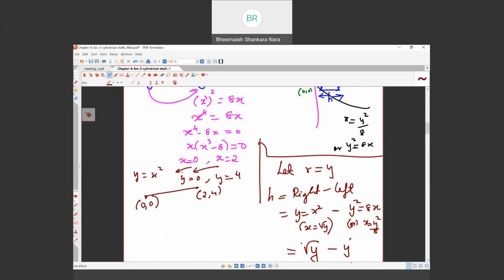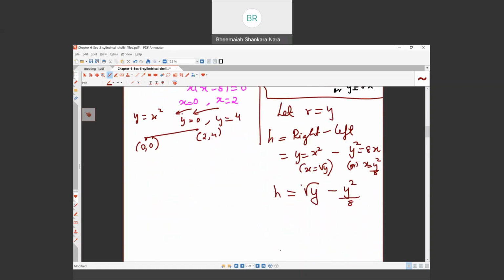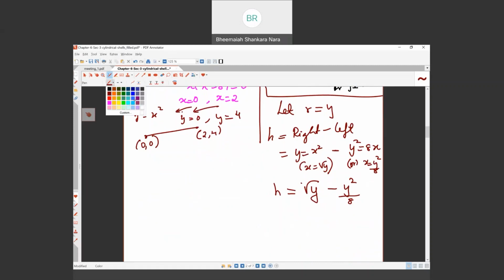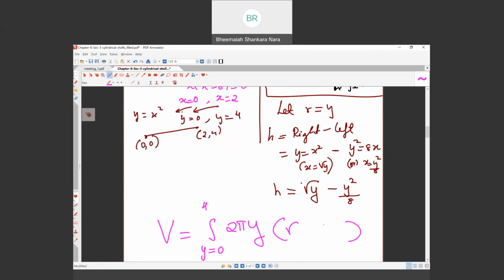Both equations are considered in terms of y to write the formula for the height. Now that we know the height, we can plug into the volume formula. The limits of integration are 0 to 4, 2 pi y, and the height we calculated, root y minus y squared divided by 8, times dy.